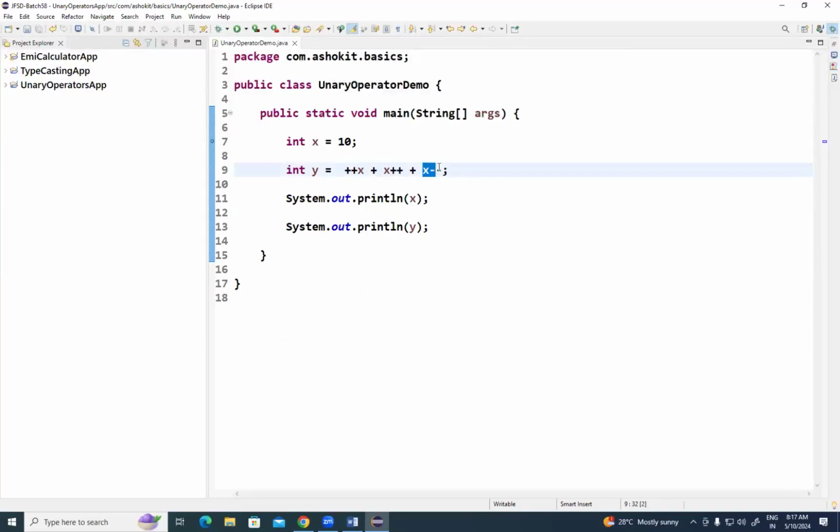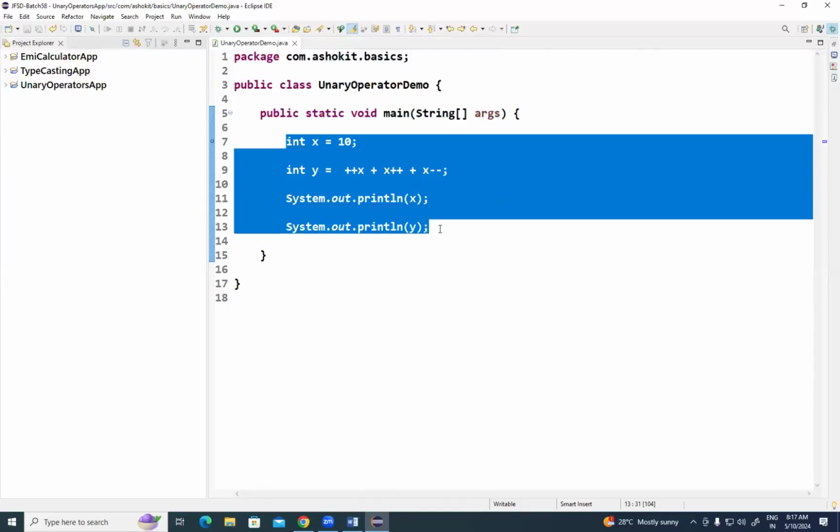Then decrement by 1, 12 minus 1, 11. X value 11. This is 11 plus 11 plus 12, 34. You are getting the output Y value 34. But operator precedence says that first postfix must be executed, then prefix must be executed. Okay, I'll look into that. Don't worry. As of now, we are getting output like that. Next.